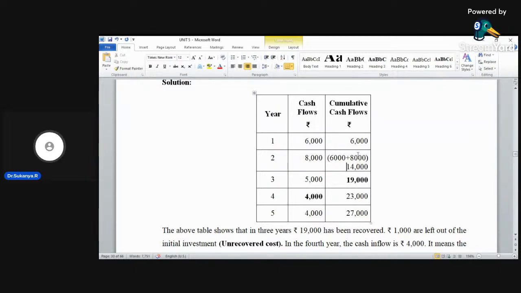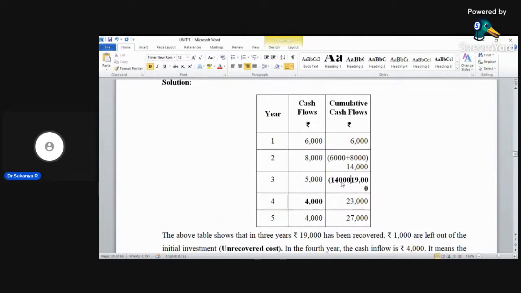How did you get this 8,000? Here you have 6,000. Again, here you have 8,000. So 6,000 plus 8,000 comes to 14,000. The next year it will be 14,000 plus 5,000, it comes to 19,000.